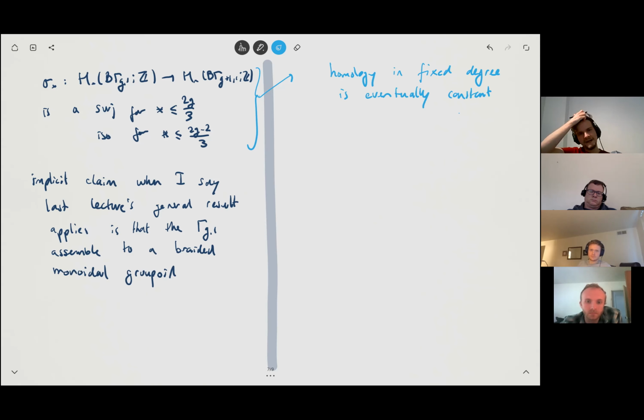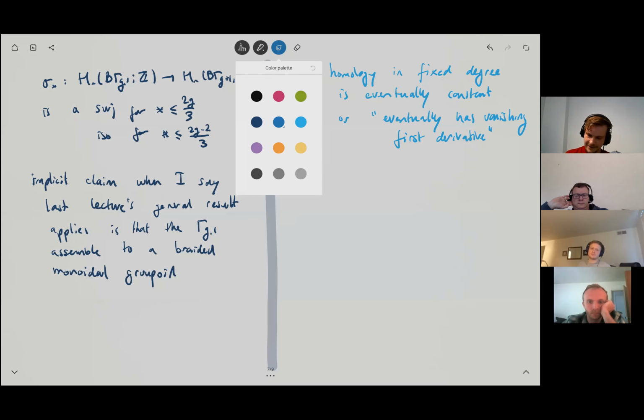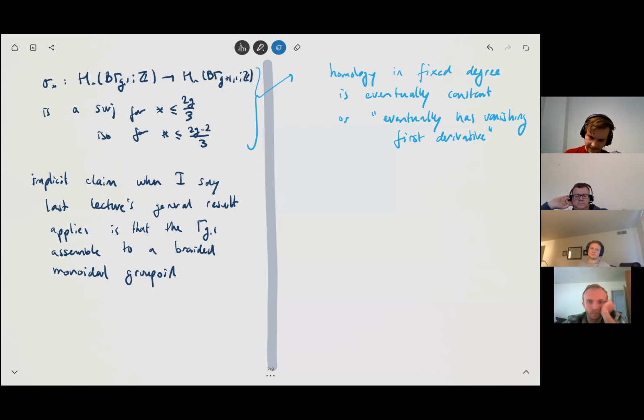And if I invoke some kind of calculus-based analogy, I could maybe say that it eventually has vanishing first derivative. And what higher order stability is in this analogy is the vanishing of the derivative of the derivative, etc.